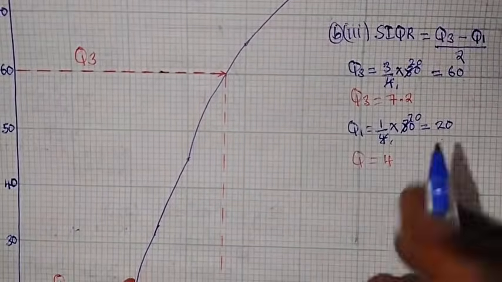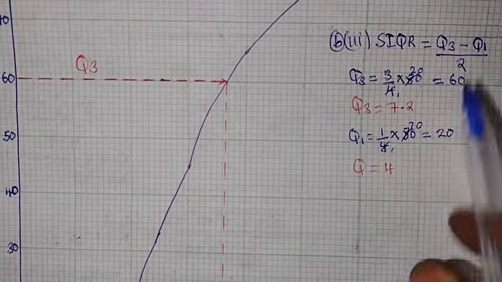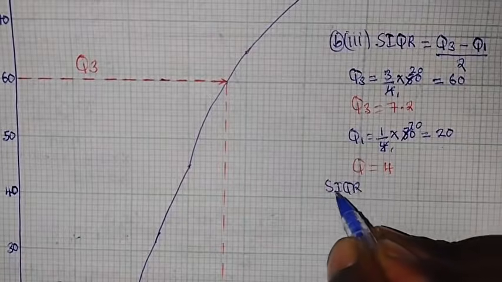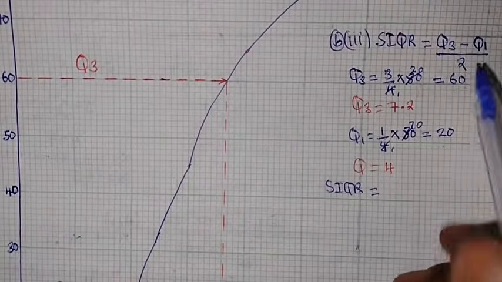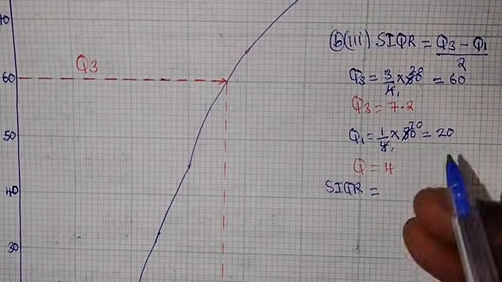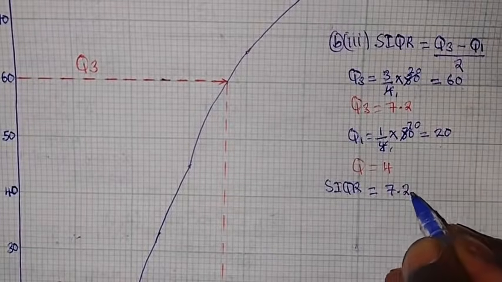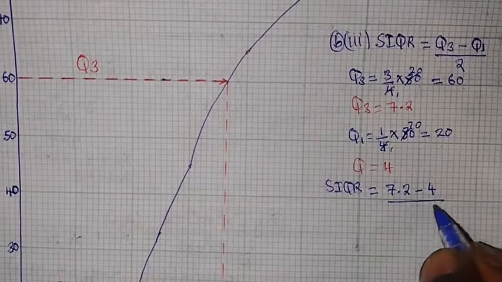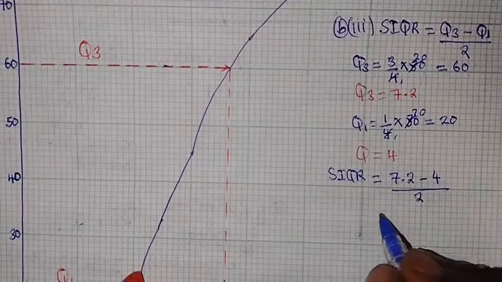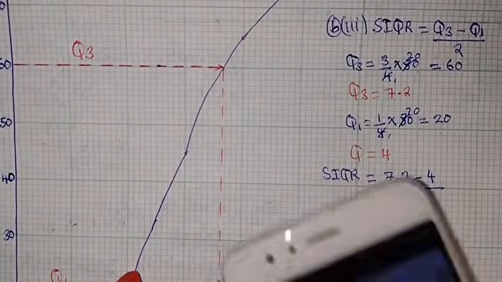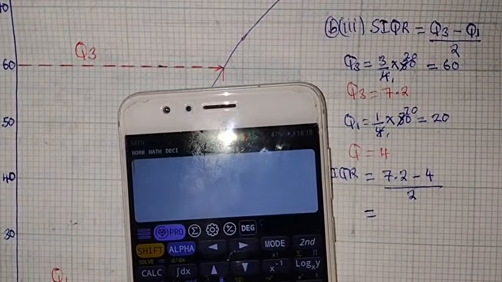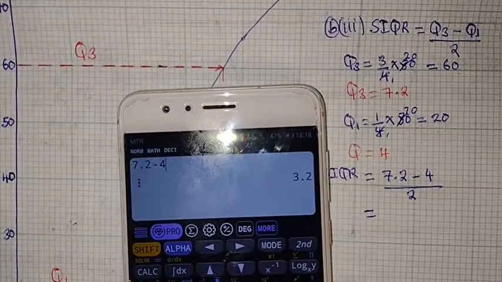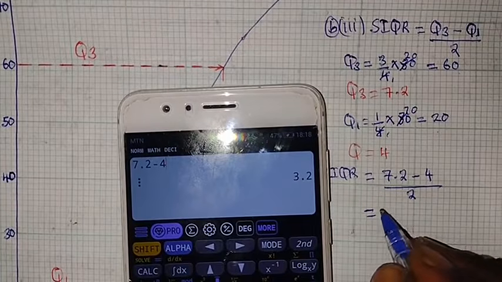So now we have not answered our question fully. This is our formula, remember. So you write there semi-interquartile range is equal to. What is your Q3? Our Q3 is 7.2. 7.2 minus, what is our Q1? It's 4, then divided by 2. So let's just subtract there: 7.2 minus 4 will give us 3.2.